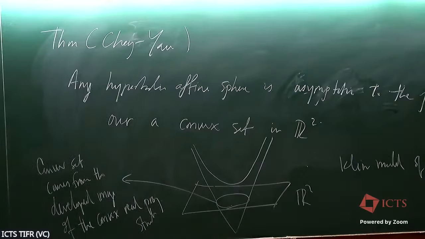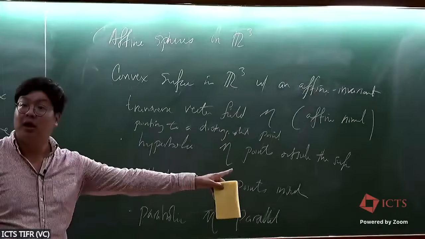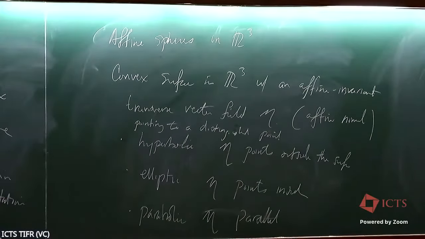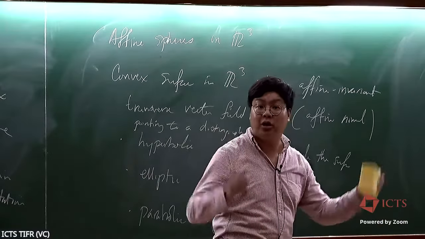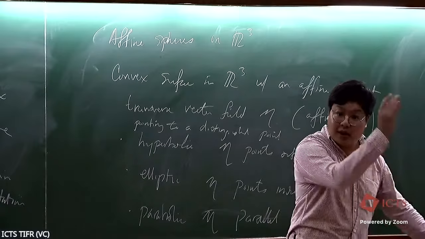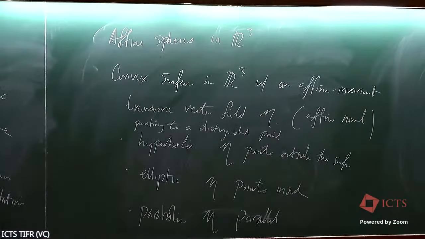I can continue to unfurl these images until I develop the image in RP2, and that'll be a proper convex set. That's the convex set I take to build my hyperbolic affine sphere. So we start from Hitchin representations, we get convex real projective structures, you get a convex set, and using this convex set I can build my hyperbolic affine sphere by taking its cone, and the Cheng-Yau result says that there's a unique hyperbolic affine sphere asymptotic to it.